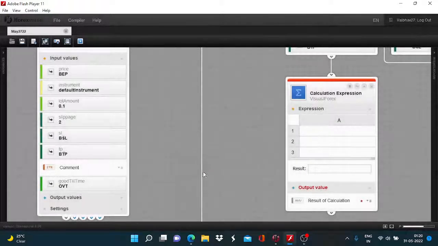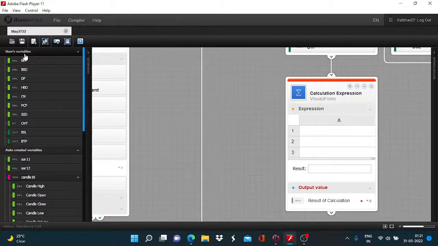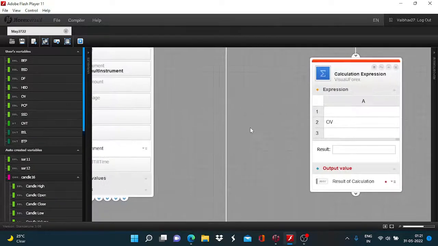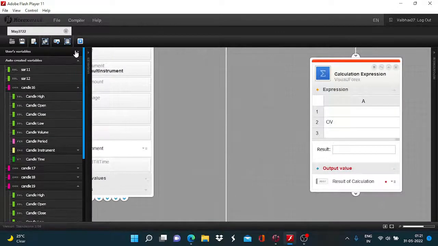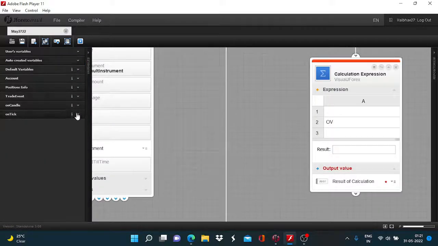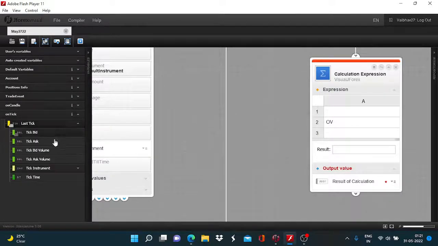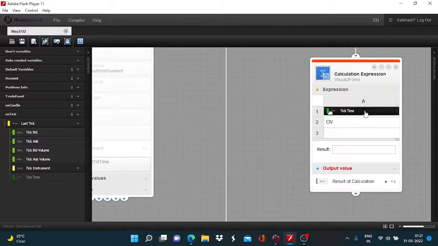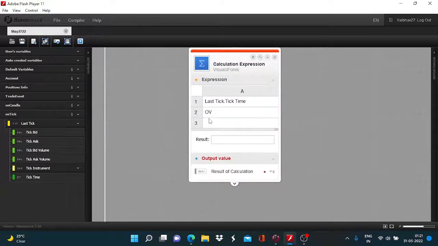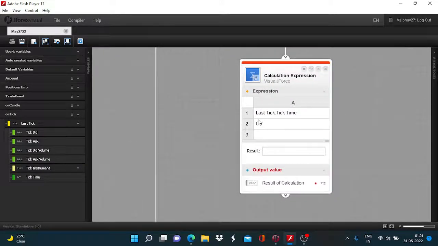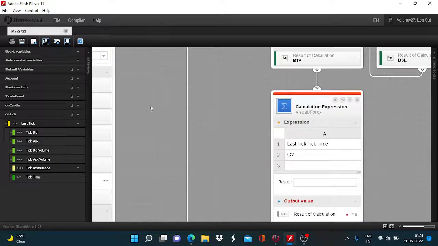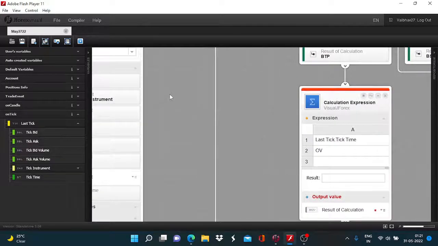All right. This will be our second A2 value. First value will be last tick time, and we also have to multiply these 3.6 million ticks by 4, as 1 hour contains 3.6 million ticks.